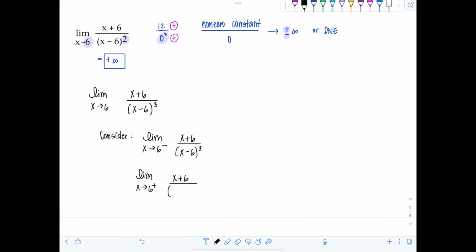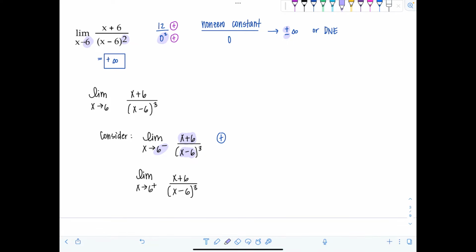Now, in this case, you can think of maybe 5.9 and 6.1 if it helps you. So as x approaches 6 from the left, we're coming from numbers a little bit smaller than 6. The numerator is still going to be positive, right? Say you have 5.9 plus 6. Yep, that's positive. Now the denominator, say you're approaching through numbers ever so barely smaller than 6, like 5.9 minus 6, that would be negative.